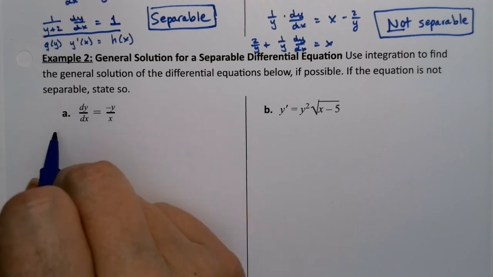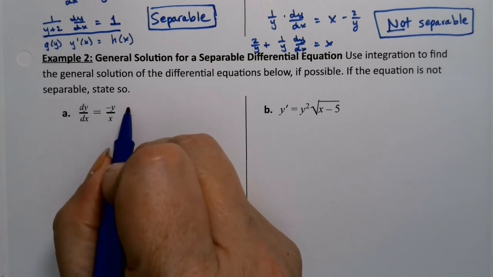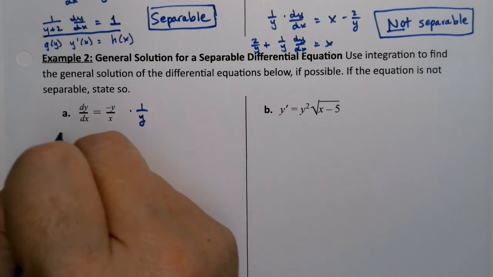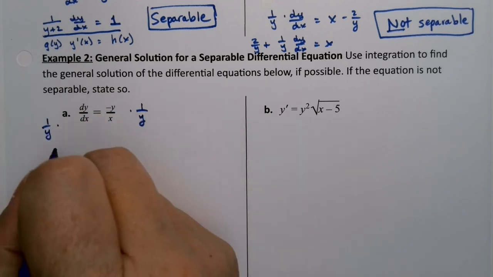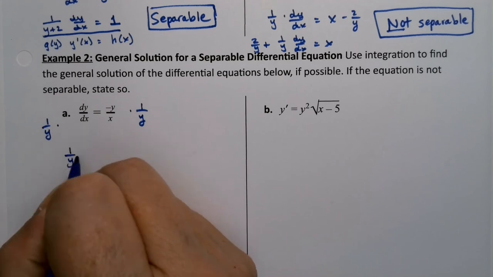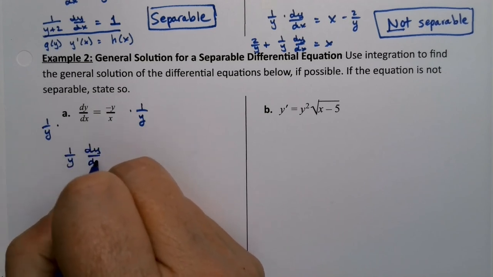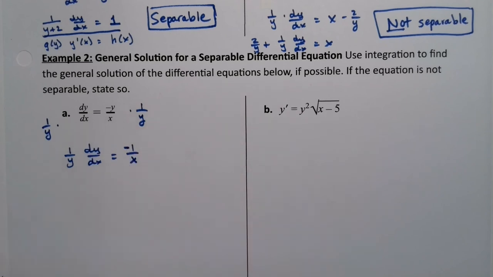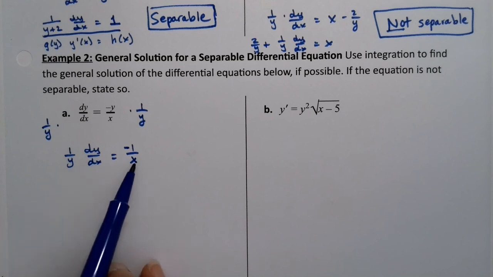So I want to get the y over to the other side. So I'm going to multiply both sides by 1 over y. Technically, you could do negative 1 over y. It doesn't really matter. So that'll leave me 1 over y, dy/dx equals negative 1 over x, sorry, because there's a negative. Well, this is great. This is the form. There's g of y, there's y prime, there's h of x.